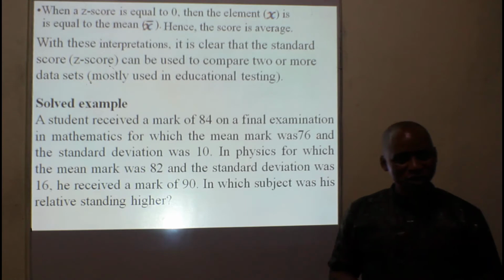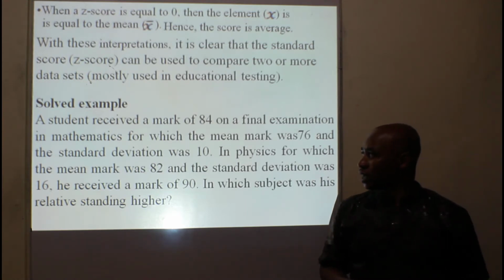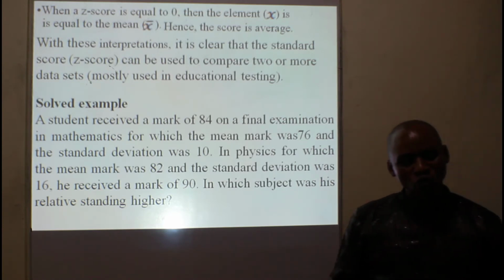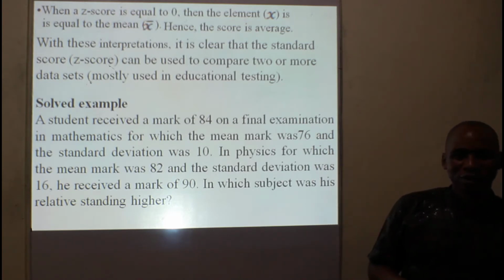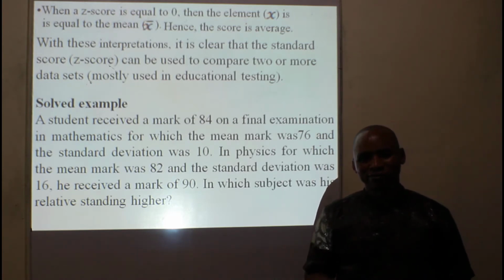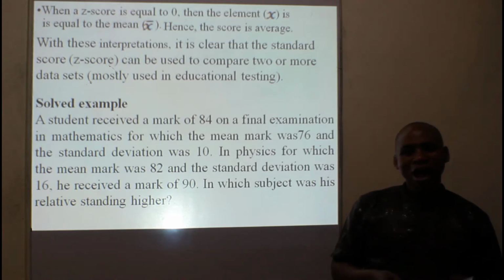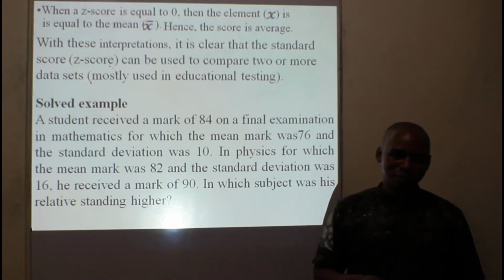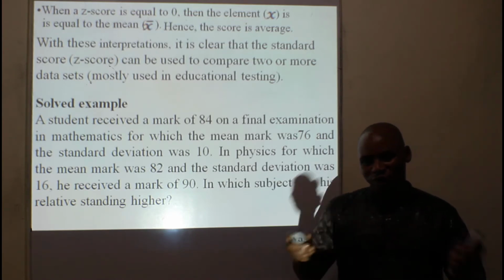Now, in the third situation, when you get a z-score equal to 0, then the item in the data set is equal to the mean of the whole data set.